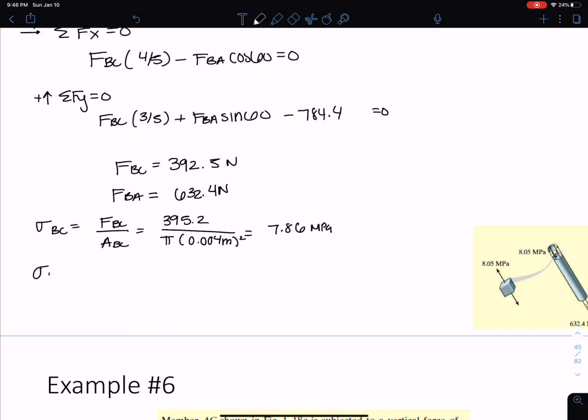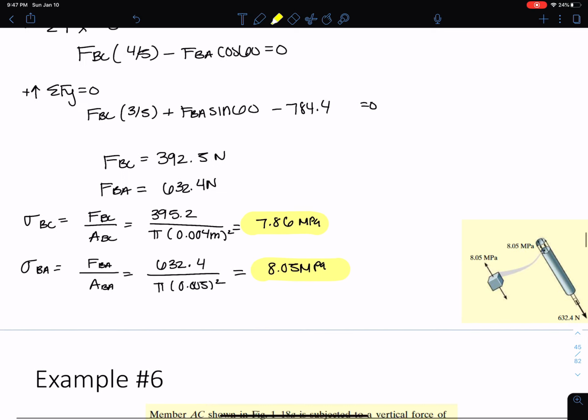And I can do sigma BA equals FBA divided by ABA, and I get 632.4 divided by pi times 0.005 squared, and I get 8.05 MPa. These are my answers here.